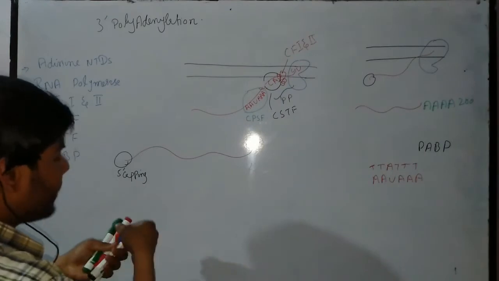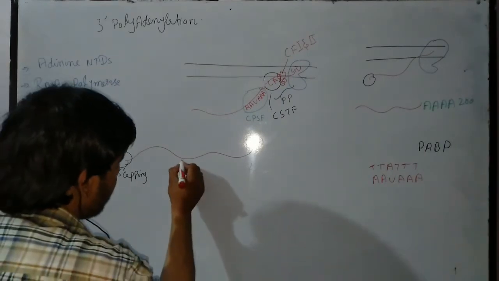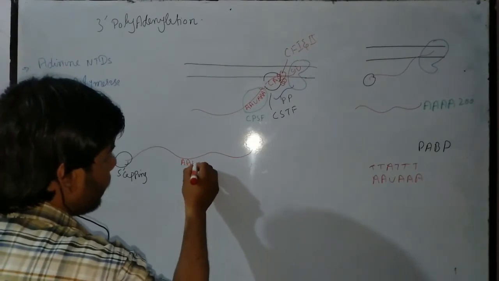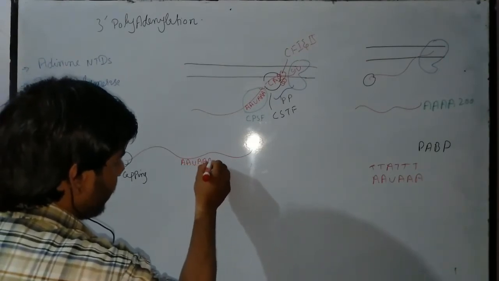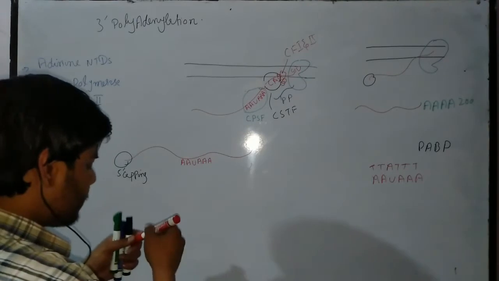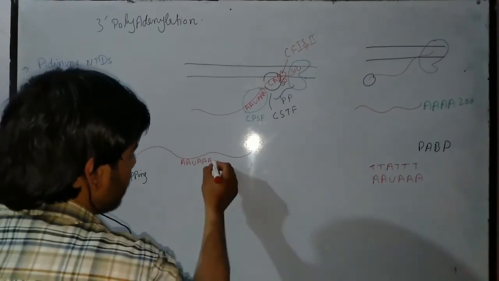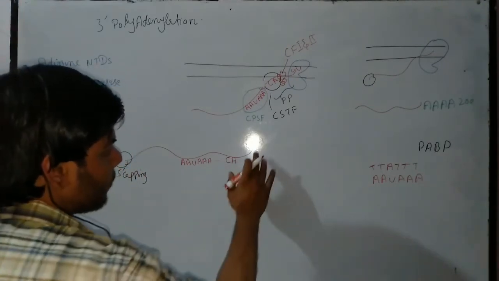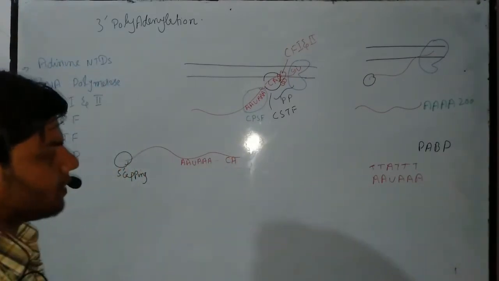At that specific area we have the same things. We have the termination signal AAUAA, and after some area, after that we have CA. So CA is present at that specific area.